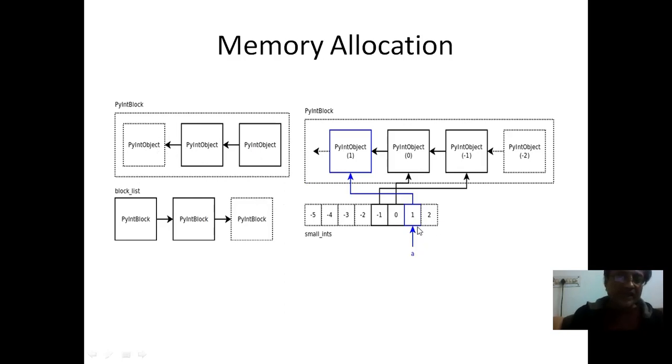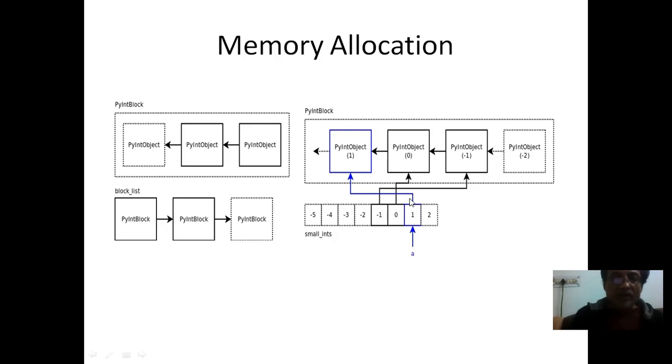So when you are assigning a variable, a is equal to 1, what exactly is happening? By default, the interpreter starts from -5, because 1 is a small integer. And then after that, it is jumping: from -5 to -4, then -3, then -2, then -1, then 0, then 1.